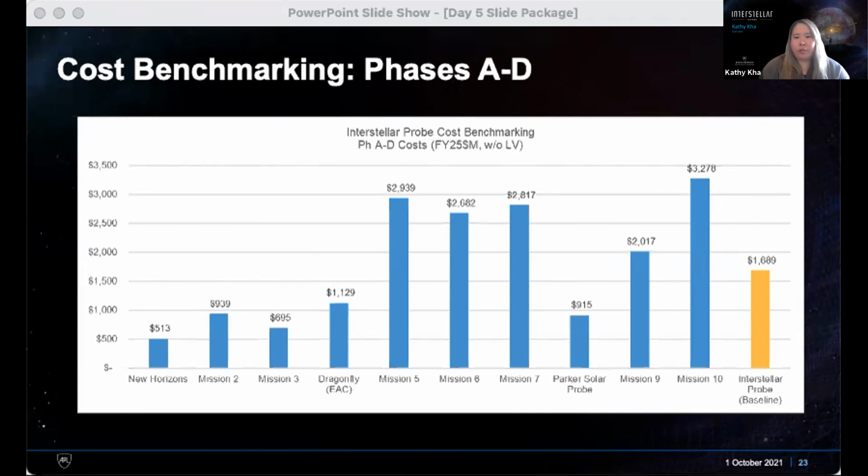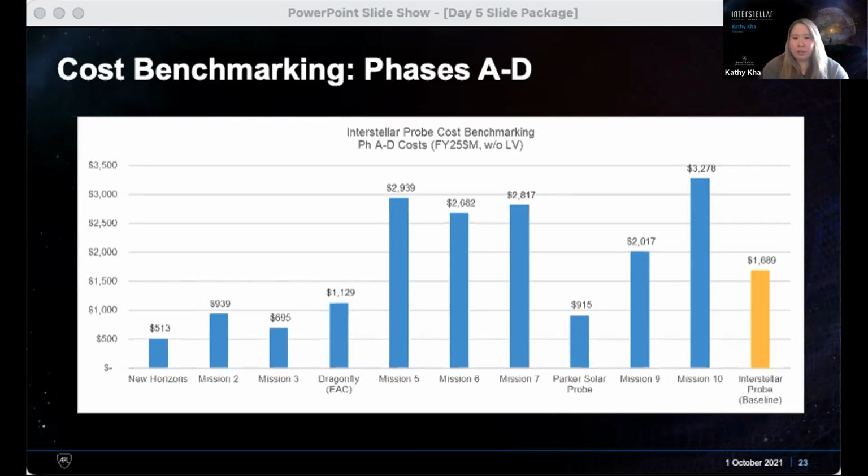So on the previous slide, you saw that our development cost estimate is a little less than 1.7 billion, which is more than a Parker Solar Probe, more than the New Horizons, but we have a lot more that we have to account for in our costs to make sure that we're ready for 50 years. And once this thing launches, we don't want anything to go wrong.